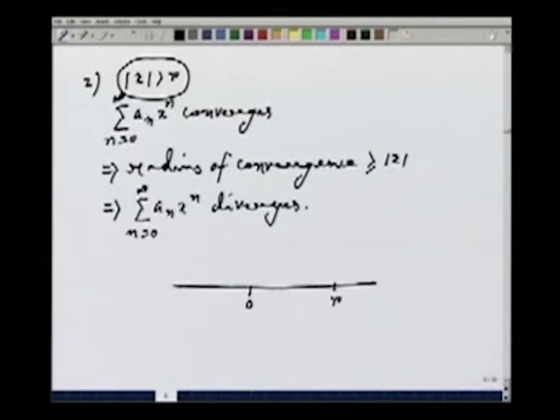I look at r, then somewhere here is minus r. At all the points inside, the power series converges, and at all the points after r, the power series diverges. Here also the power series diverges. The only thing we did not talk about is what happens at r or minus r. For that I would look at examples.